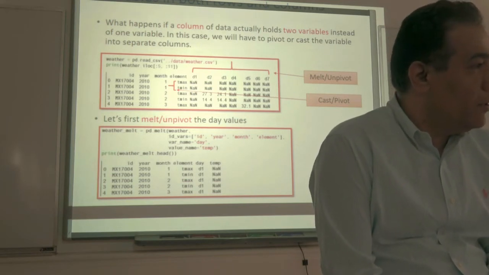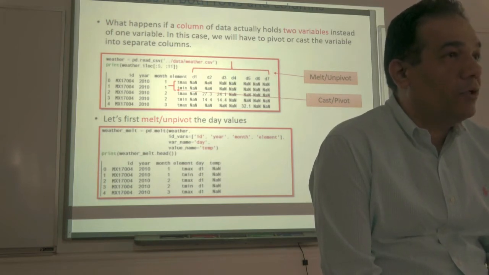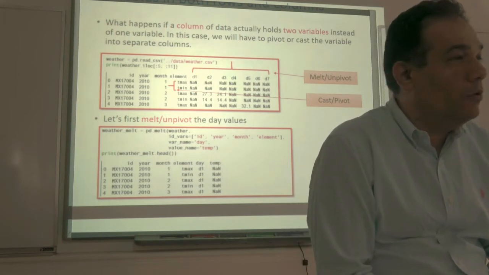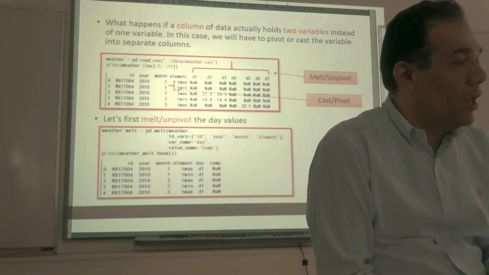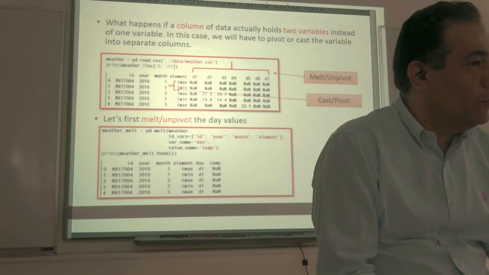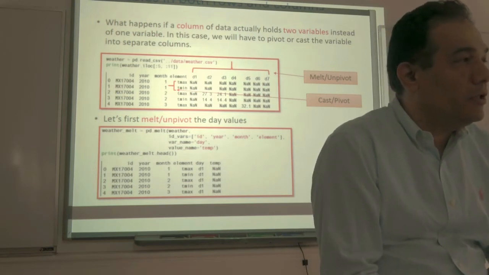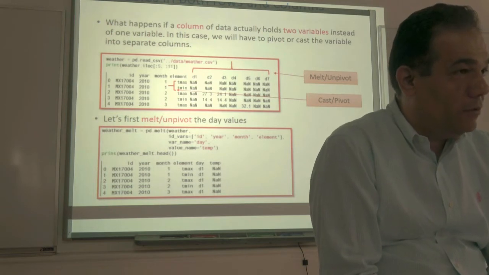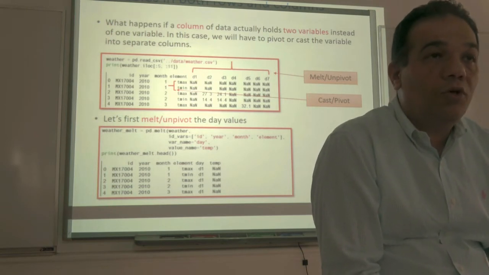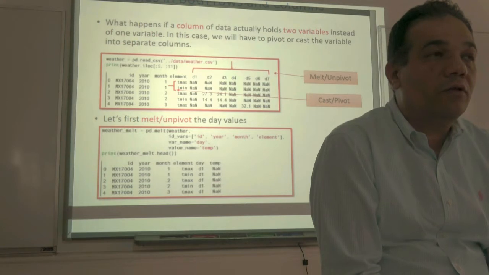We melt them. All of these value columns, we converted them to only 2 columns, variable and value. What do we call this process? Melt. Right?